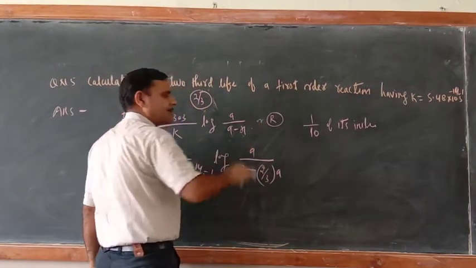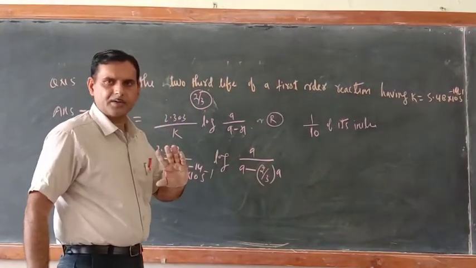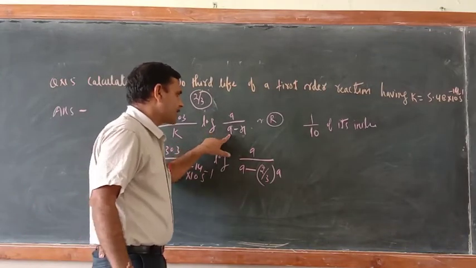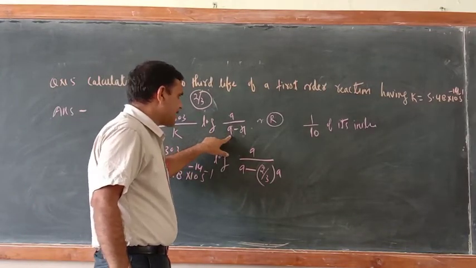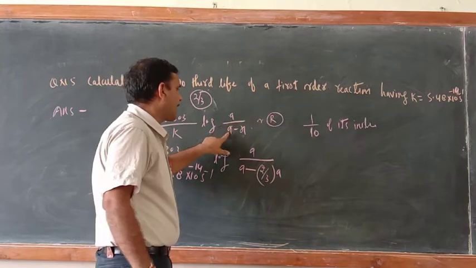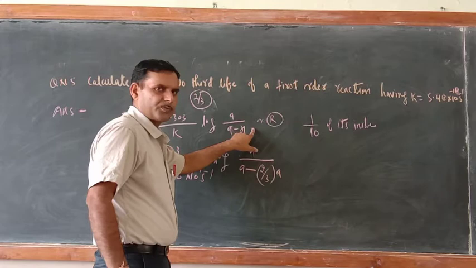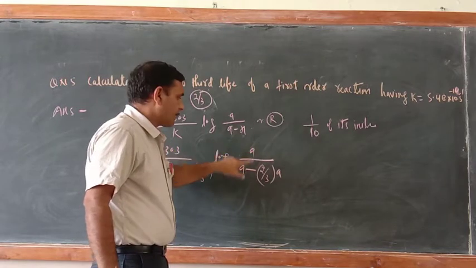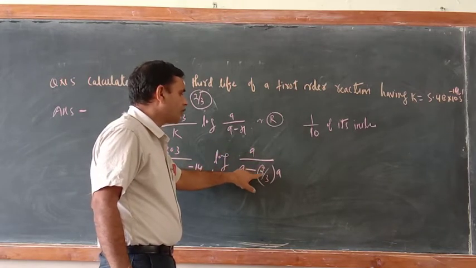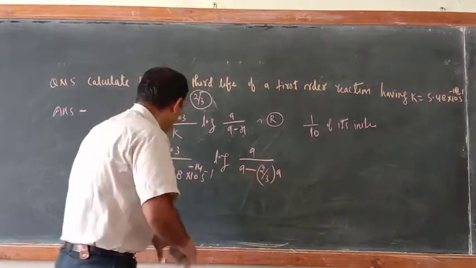So why is this difference there? In the previous question, directly in place of a minus x, I put 1 by 10 a and I did not solve that one. But here I have to solve 2 by 3 a. So how will I solve?